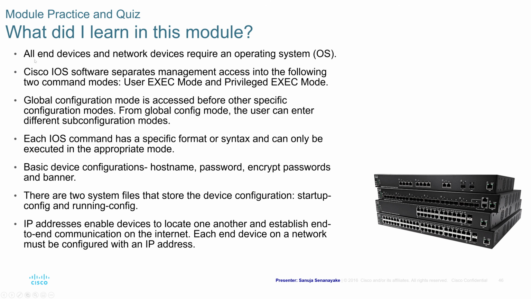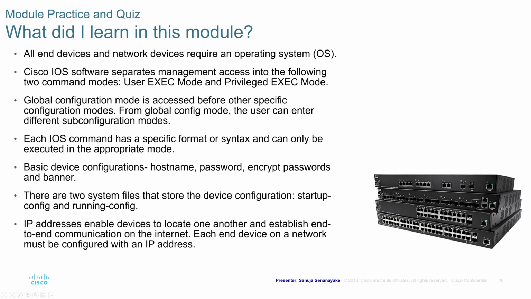In this module, we learned all end devices and network devices require an operating system known as, in this particular scenario, IOS, because we are using Cisco devices. The Cisco IOS software separates management access into 2 categories: user executive mode and privilege executive mode. You should know how to enter them and how to exit them, and what commands can be used in some of them, like the basic commands that we just went over.